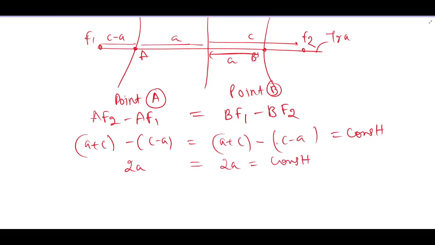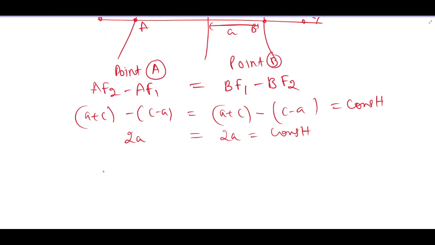So in case of hyperbola, the value of constant is equal to 2A.